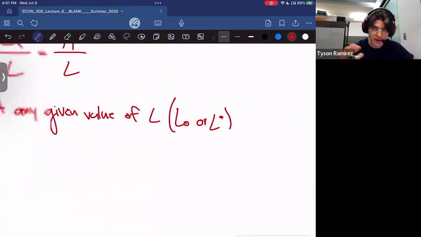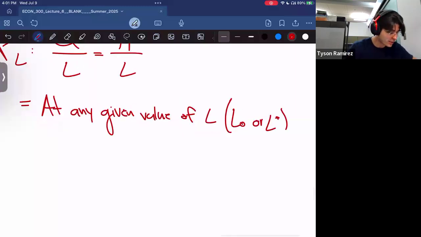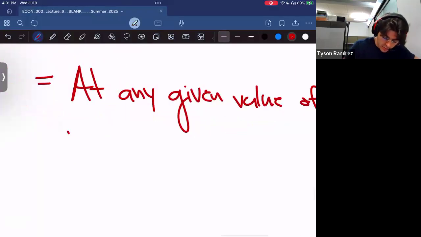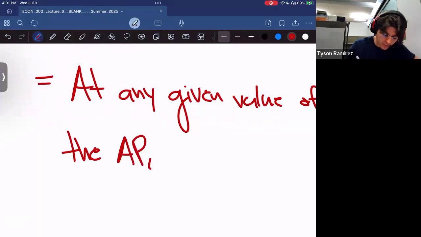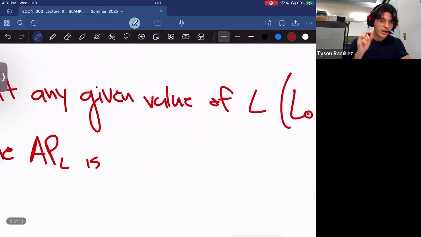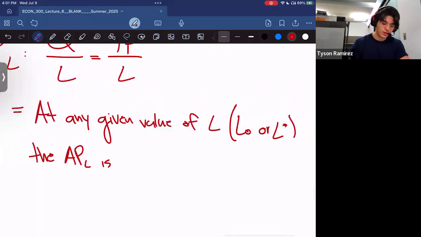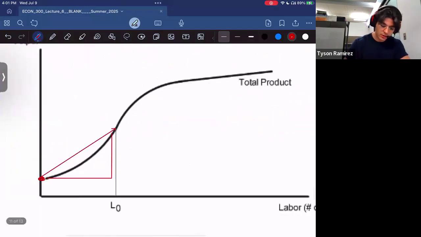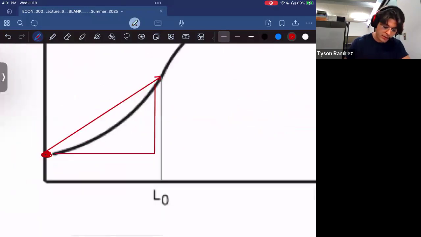These are the same things in my words. At any given value of L, the average product of labor is equal to the slope of the line formed from the origin to the function, to the output.